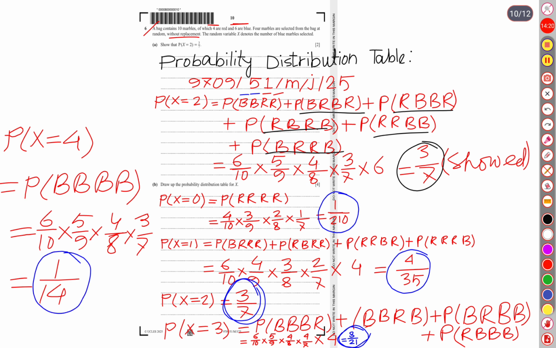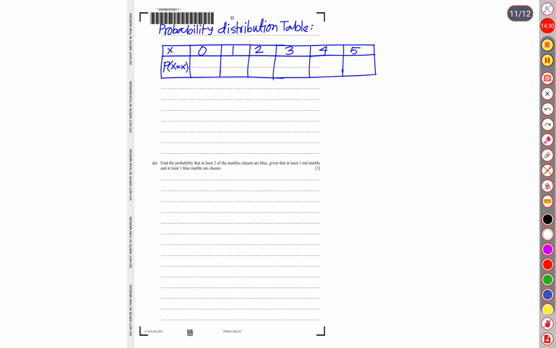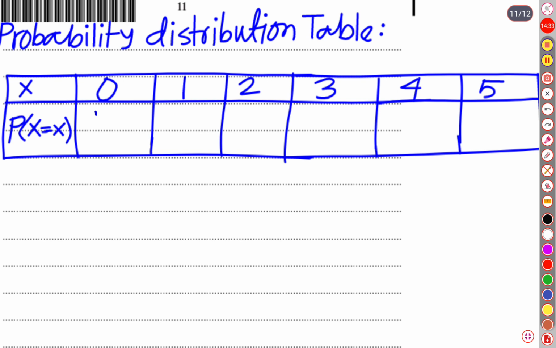So let us substitute them. When x is 0, the probability is 1 over 210, in simplest fraction. Then the second one is 4 over 35. When there were 2 blue marbles, it was 3 over 7.